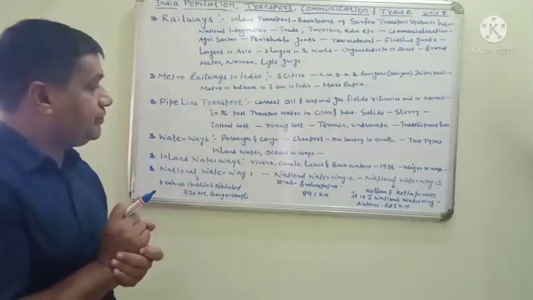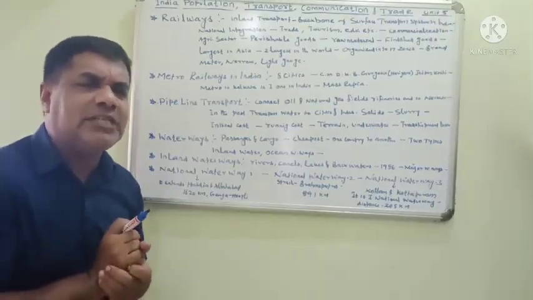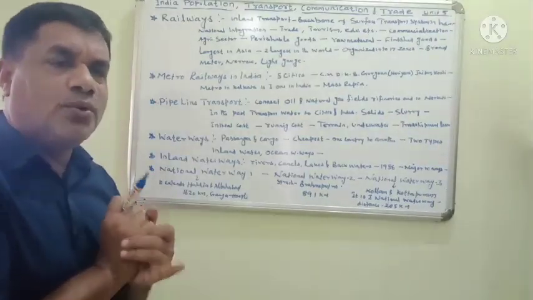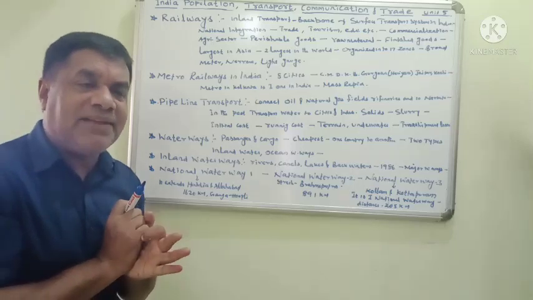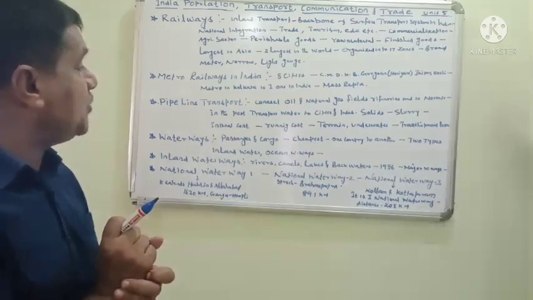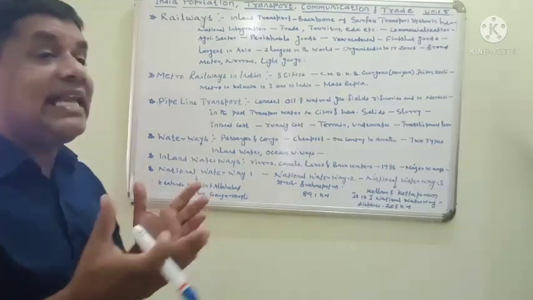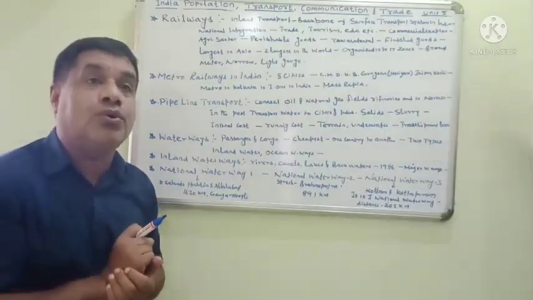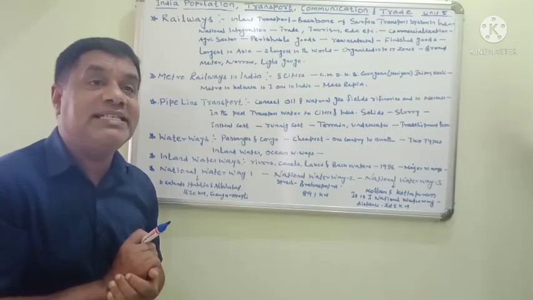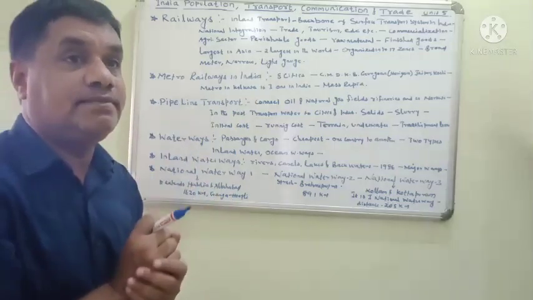Waterways. Waterways is one of the important transport systems: roadways, railways, airways and waterways. The waterways carry passengers and cargo also. Cargo means ships carry goods and services from one place to another.